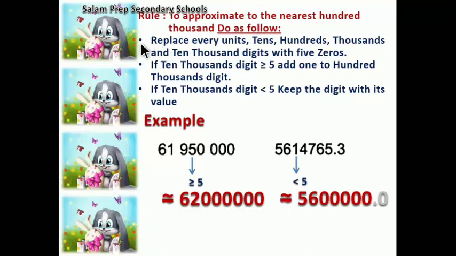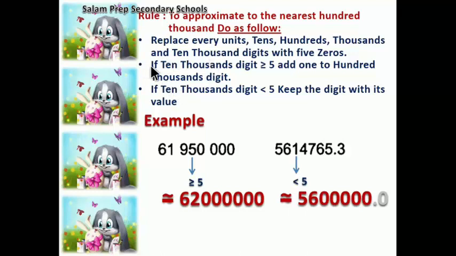The first one, replace every units, tens, hundreds, thousands, and 10,000s digit with 5 zeros. 0 in units, 0 in tens, 0 in hundreds, 0 in thousands, 0 in 10,000s. Okay?